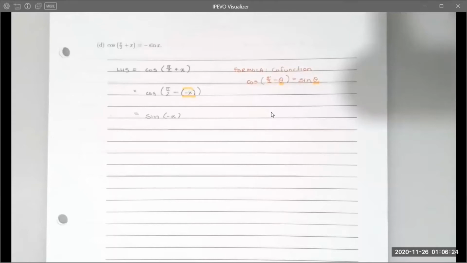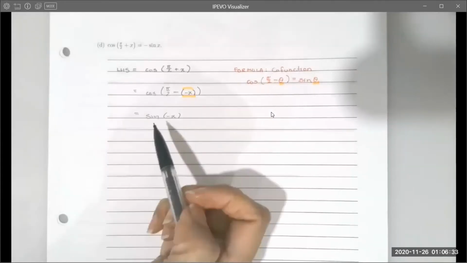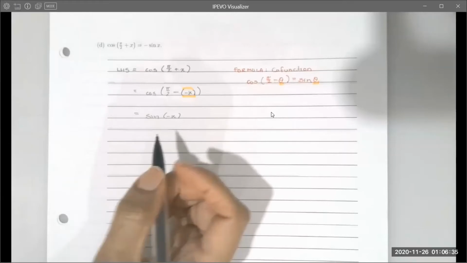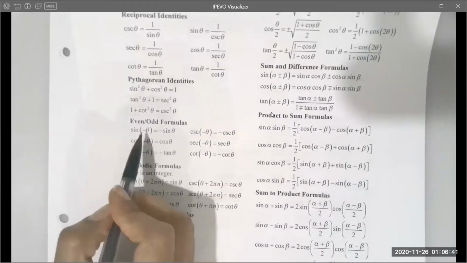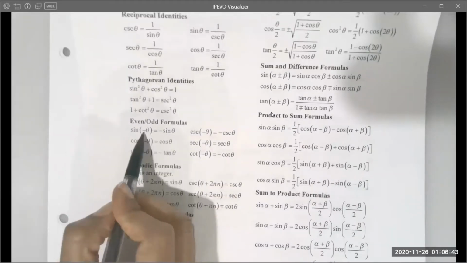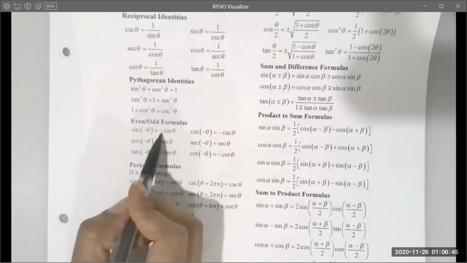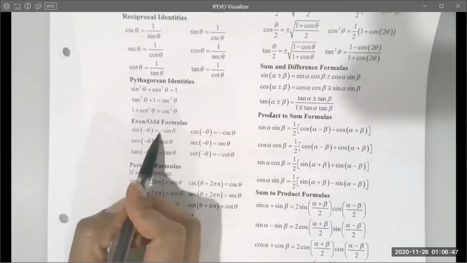Okay, and then the next thing to figure out is, what is the goal? The goal is to make it to negative sine of x, which we can easily do at this point because sine is an odd function. And since it's an odd function, notice what the formula says. If you have a negative in the argument of sine, you can always bring it out into the coefficient, into just the sign instead of the angle.